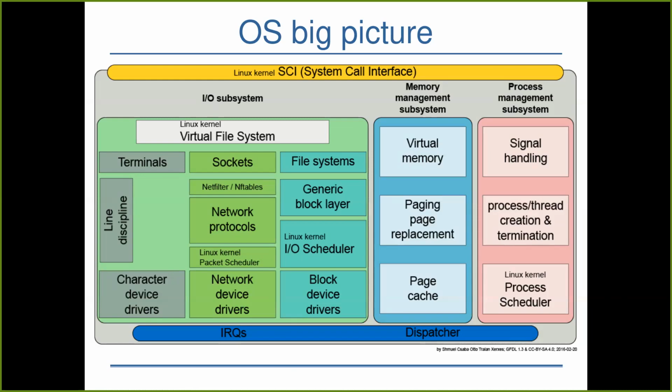Everything is a file. And then there are some components like sockets, network protocols, file systems. If we're dealing with block devices, there's a general block device layer and so on. So that's just a high level picture.